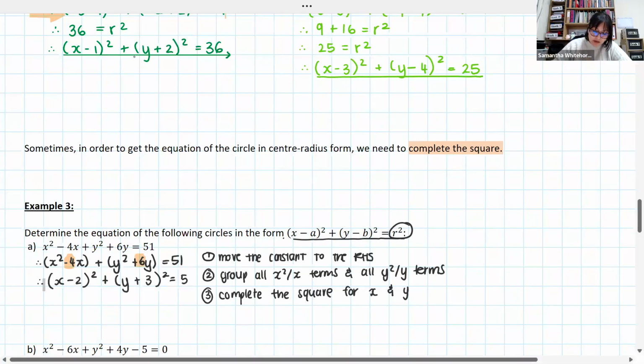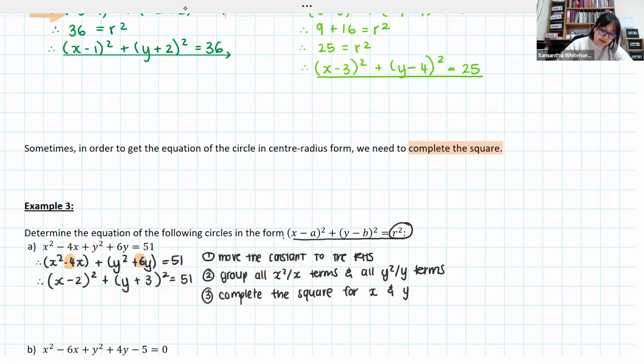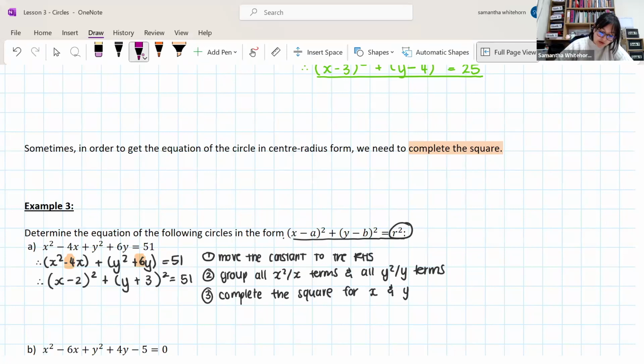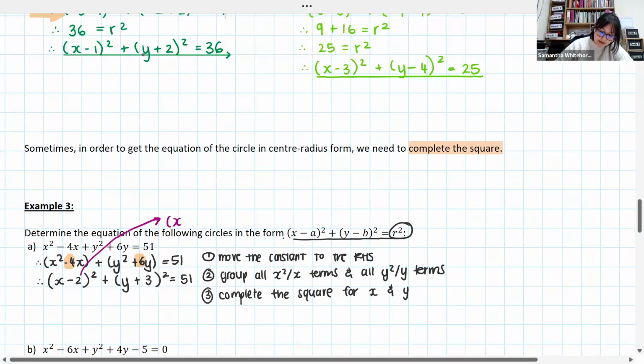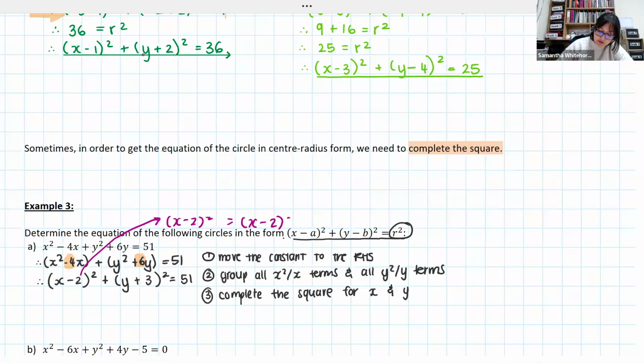Now, this is where completing the square maybe trips us up a little bit. What we need to remember is that in each case, you've now got a bracket squared. So x minus 2 squared means x minus 2 times x minus 2, which if we expand that is x squared minus 4x plus 4.